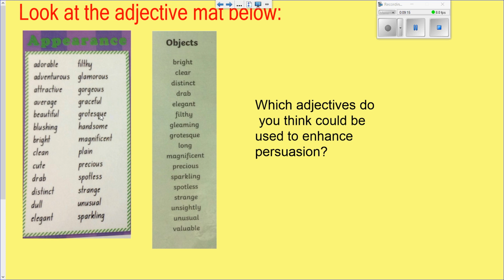You really have to be careful. I want to be using words like attractive, magnificent, spotless, unusual, elegant. What's over here? Bright. Be careful about what you're thinking, because you might not want to use all of them. People won't want to buy things that are filthy or dull, will they? They want to buy things that are exciting. So here are some adjectives, but you might be able to find some more, or think of some of your own.